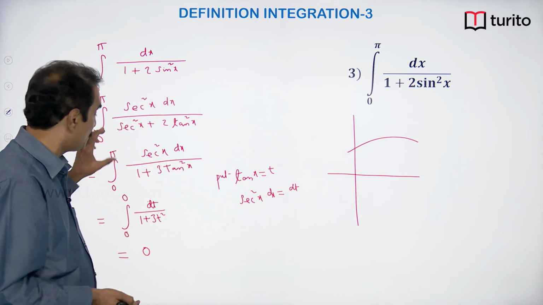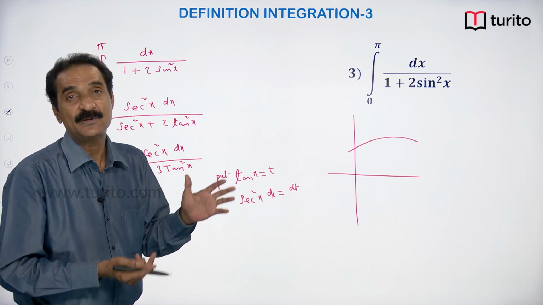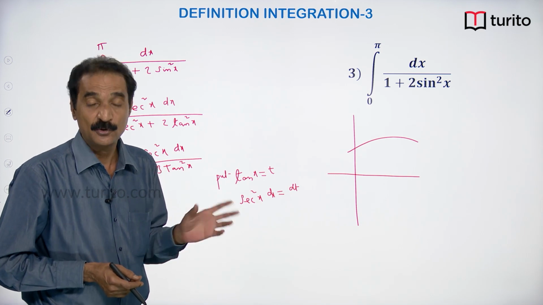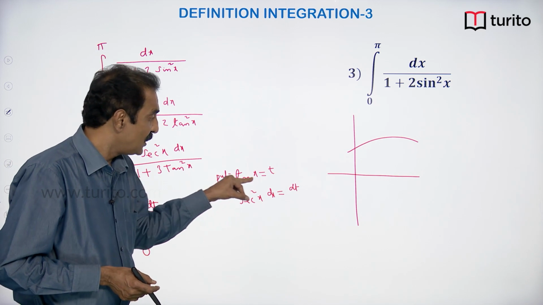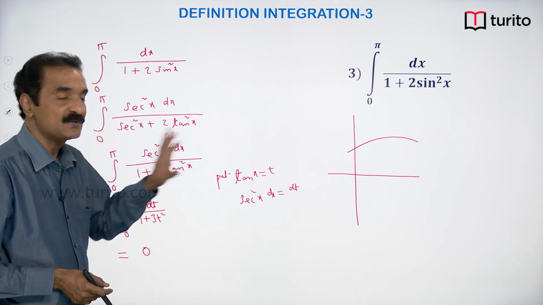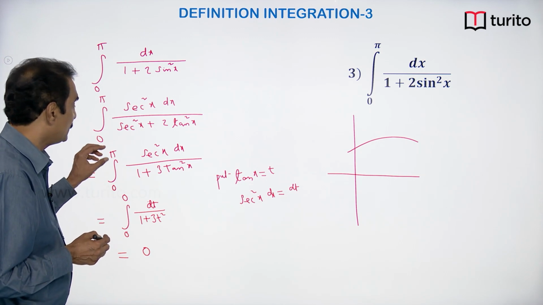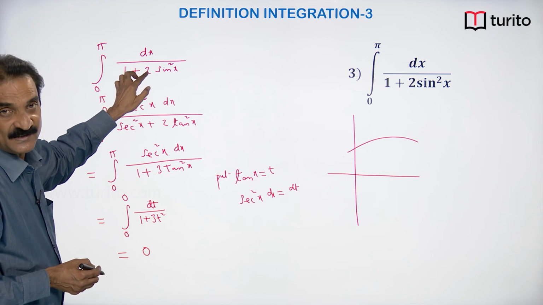In this interval 0 to pi, tan x is not defined at pi by 2, it is discontinuous at pi by 2, and not monotonic in 0 to pi. So when you want to substitute this for this interval, it is wrong. So what we do is, we have a property replacing x by pi minus x.